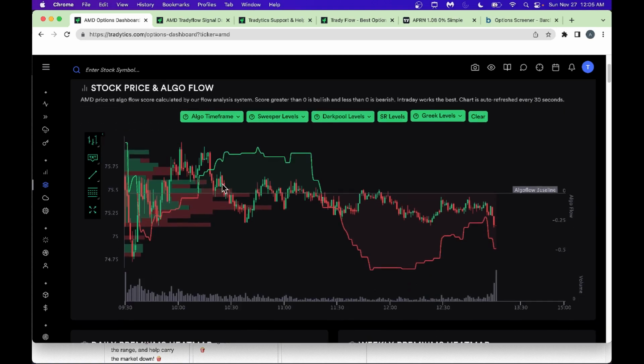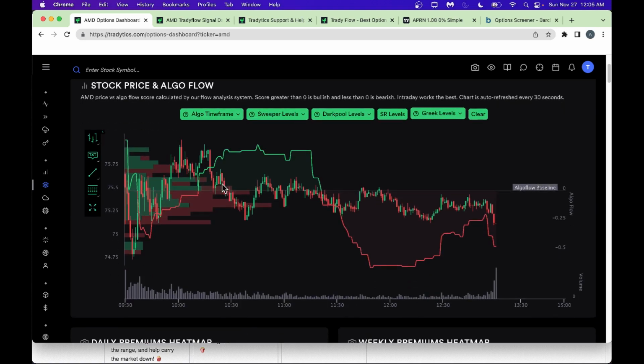I love this chart. First you can see the stock itself, how the stock is doing, and it tells you whether it's getting stronger or weaker. Look, we got the blue line here, and then we got the red line here that tells you right now the stock is getting a little bit weaker.